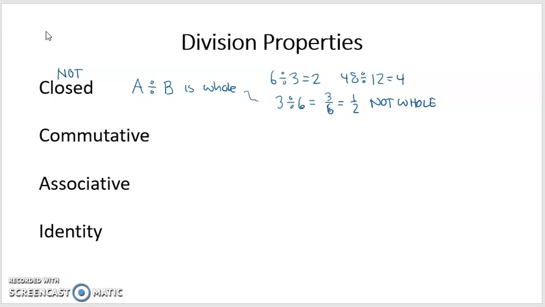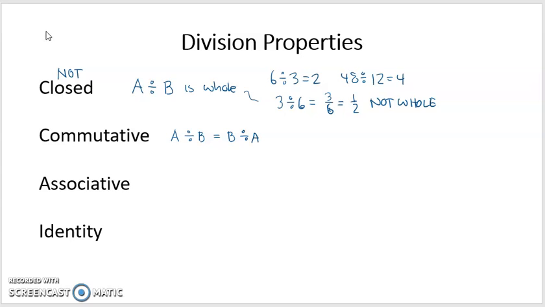All right, are whole numbers commutative? Okay, let's see. We've kind of answered the question up above. We said, if they're commutative, then for any whole numbers A and B, A divided by B has to equal B divided by A. And we've already answered that up above.